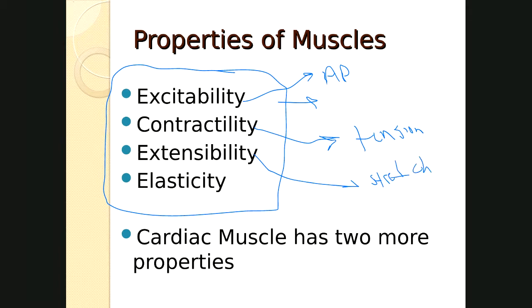And just like putting more water or more air in a balloon, it stretches the wall. Same thing here. And then, remember, if you remove this tension, if you remove this stretch, it's going to go back to its original length. It's elastic. So hopefully everybody remembers those properties. All muscles exhibit these 4 properties.